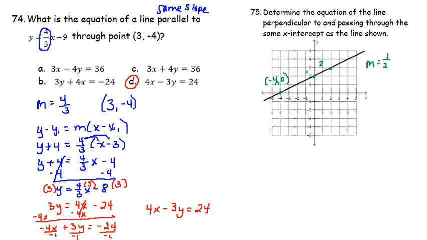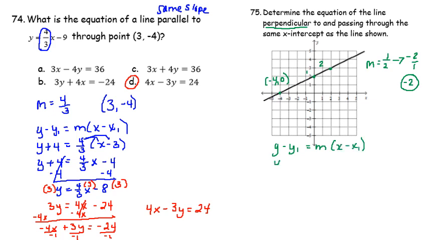But we need it perpendicular, so that means I need to change it to the opposite reciprocal. So the opposite reciprocal of that needs to be negative. Flip it, that's going to be 2 over 1, which is the same thing as saying negative 2. So I've got my slope of negative 2 and I've got my point. Point and a slope, point-slope form. So that's going to be y minus y sub 1 equals m times x minus x sub 1.